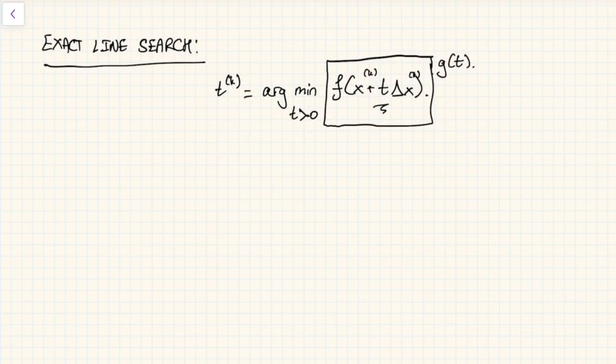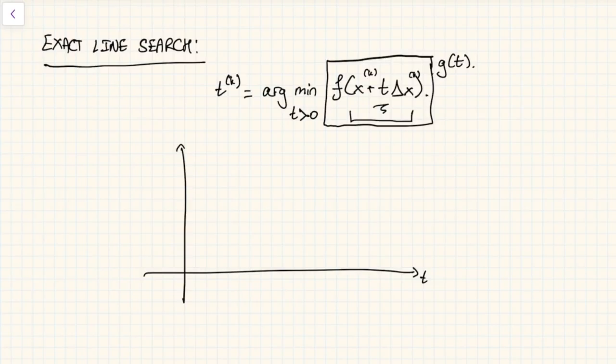But keep in mind that line searches are usually inexact. Why? It's because the step size is chosen to more or less approximate f along the ray x plus t delta x.